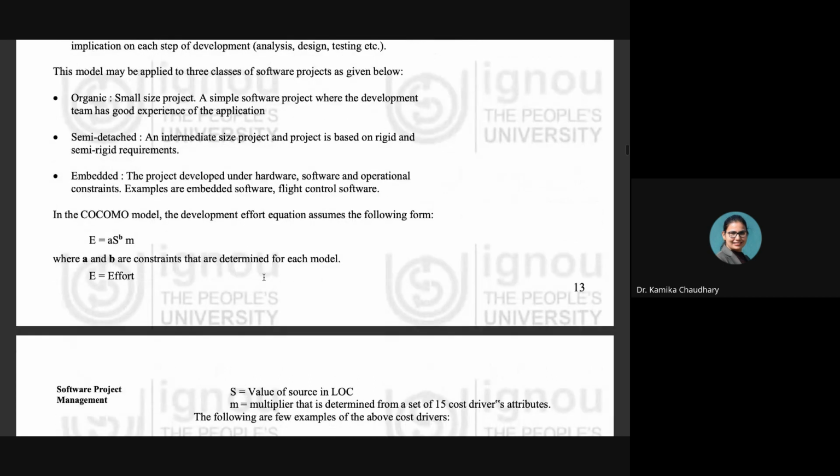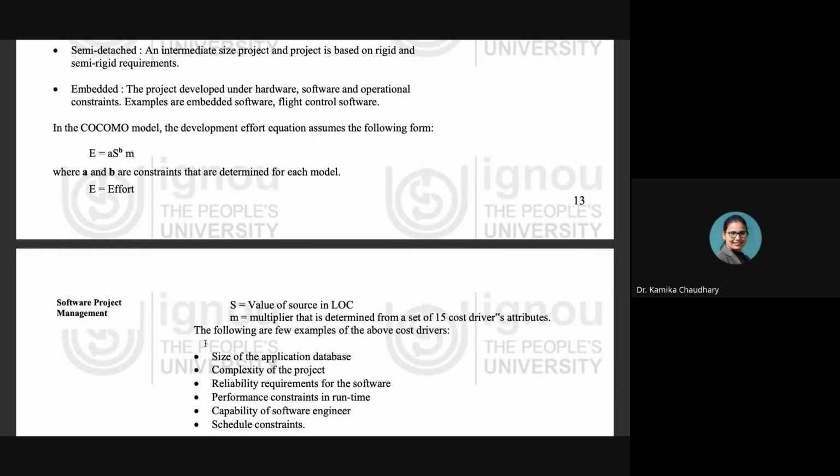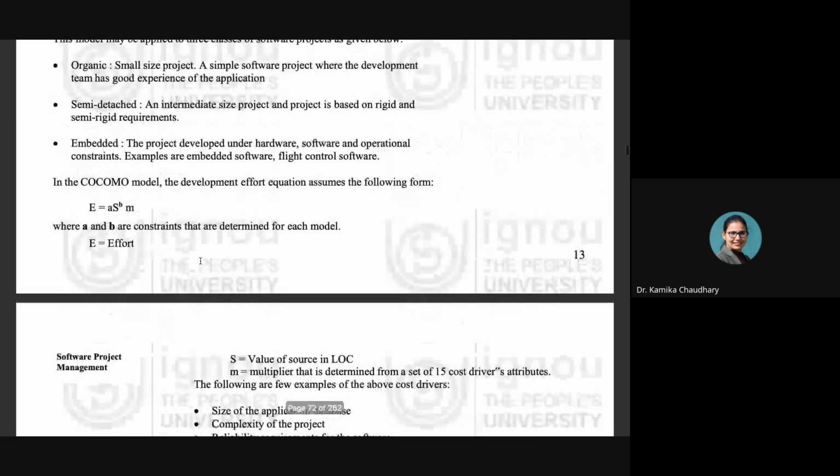Now we have the equation, which is called E equals A S raised to the power B and M, where A and B are the constants that are determined for each model. E is saying efforts. S is the value of the source in LOC, and M is the multiplier that is determined from a set of 15 cost driver attributes.